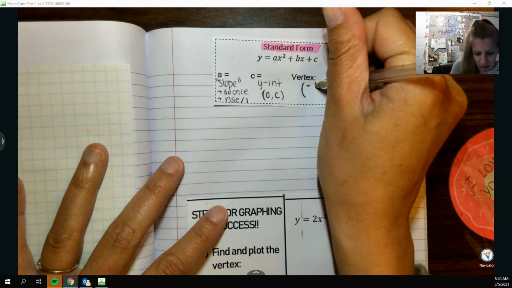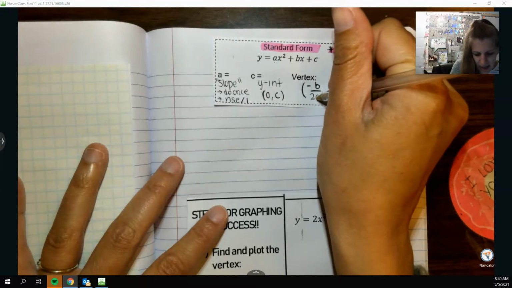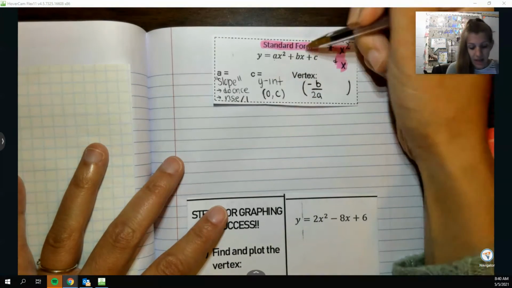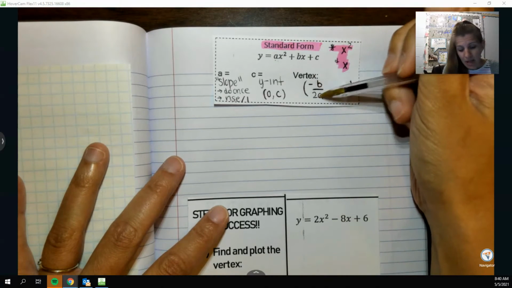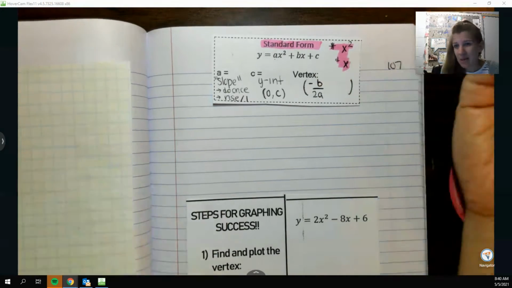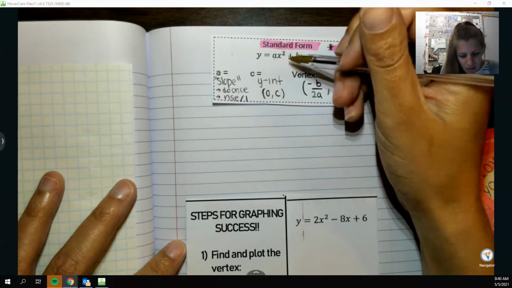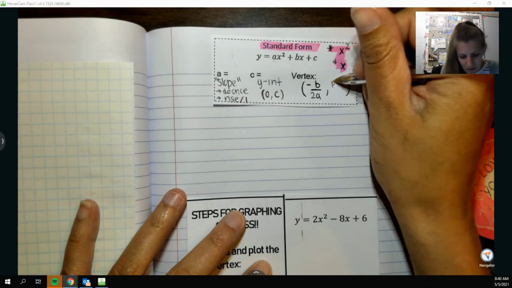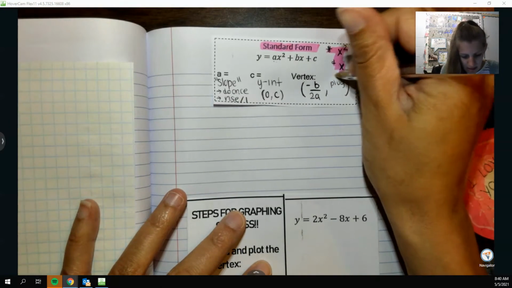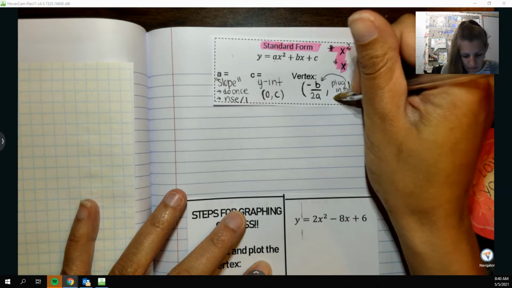We're going to do negative b divided by 2a. So b is that middle number, a is that front number. I plug it into this little formula and I get a number out, like maybe I get 2. Then I take that 2 and I plug it in for x to get the y value. So plug that into the equation.